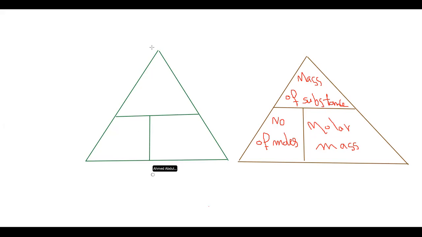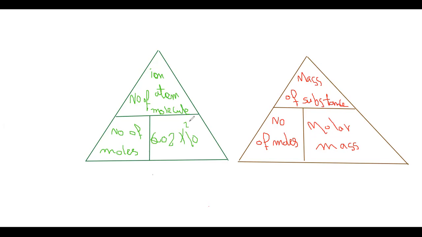Number of moles equals number of either ions or atoms or molecules, divided by Avogadro's number, 6.02 times 10 power 23.